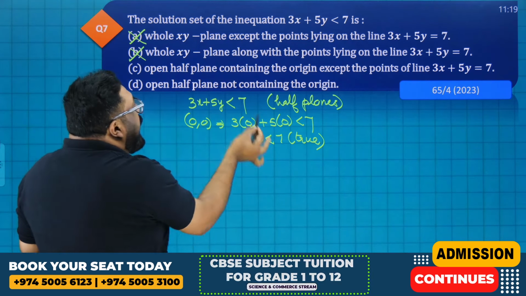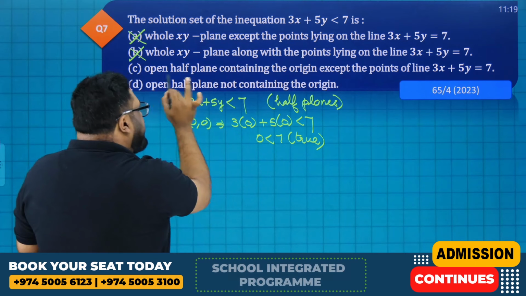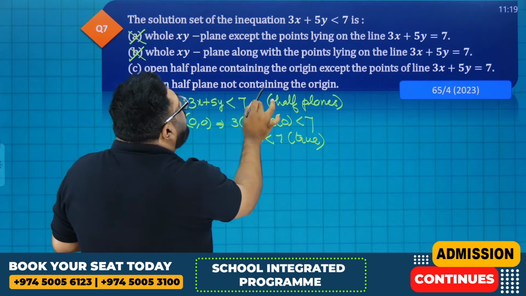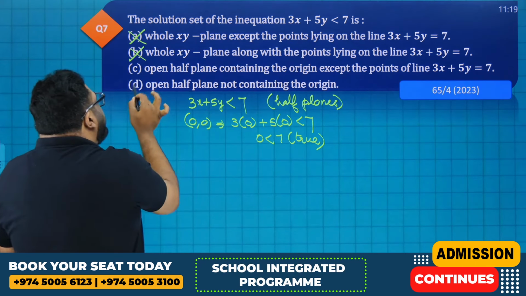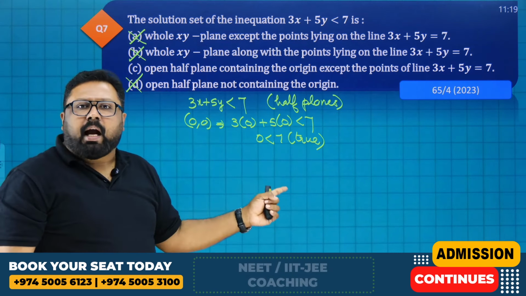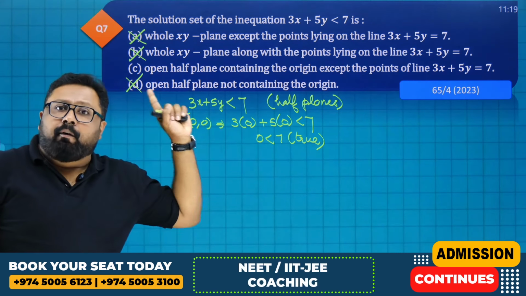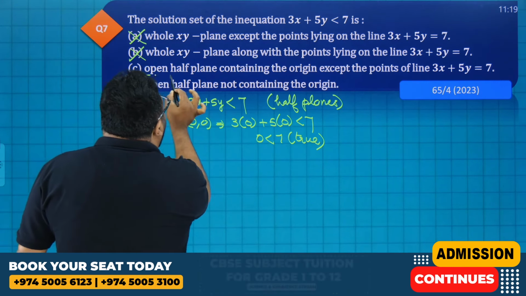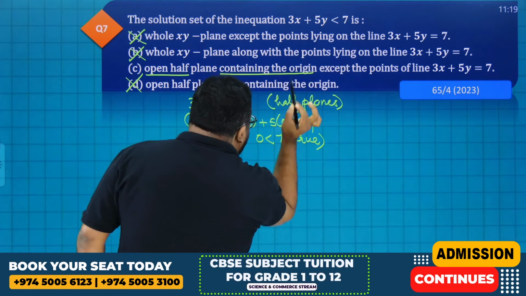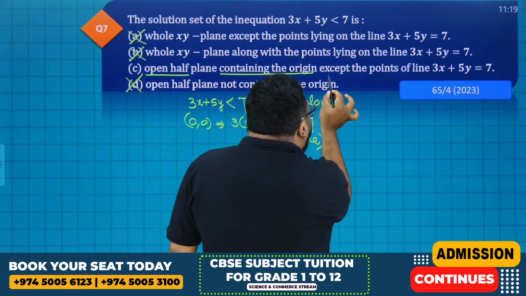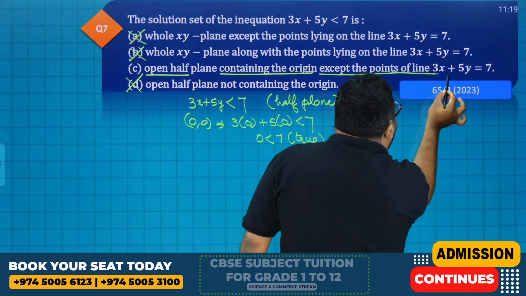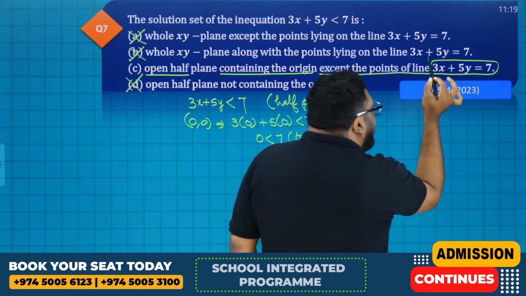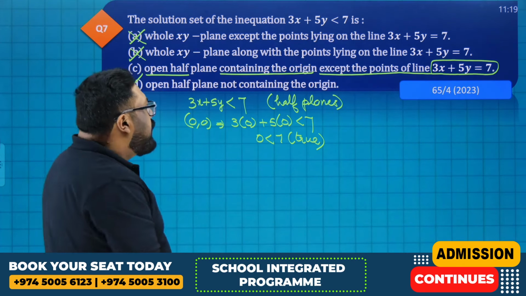Open half plane containing the origin, possibility. Open half plane not containing the origin, false. So we saw that (0, 0) is a point in the feasible region. So it's a whole open half plane containing the origin. Okay. Then what do you mean by except the points of the line? Please have a very clear understanding on this.